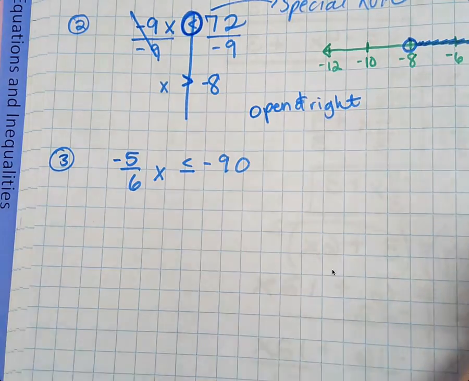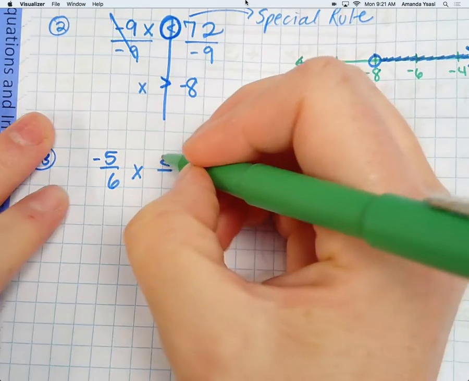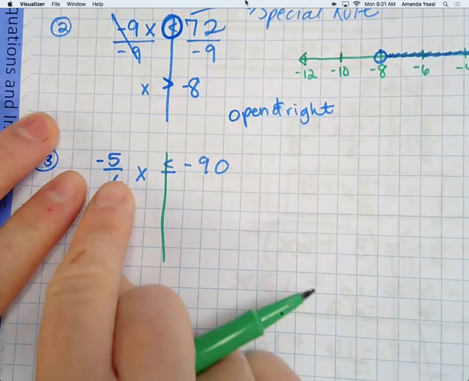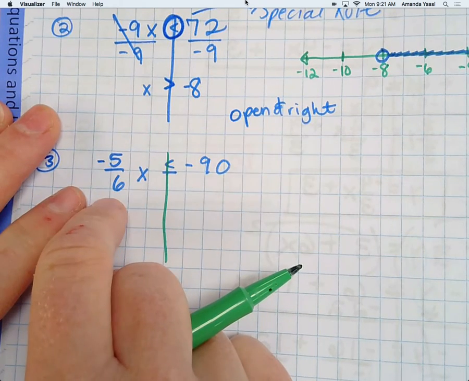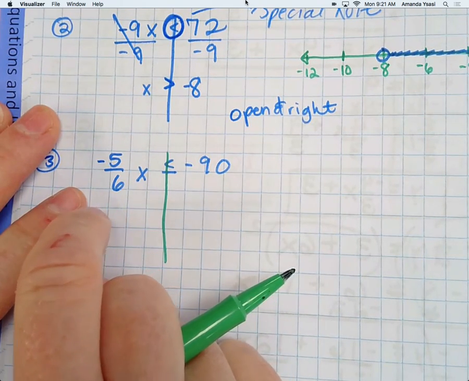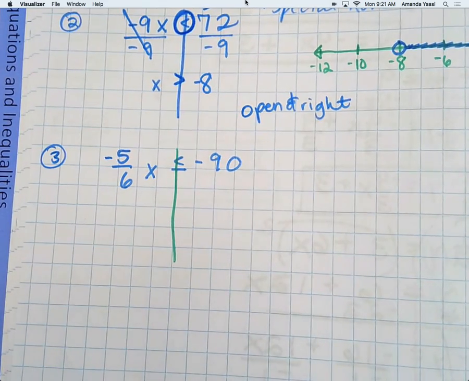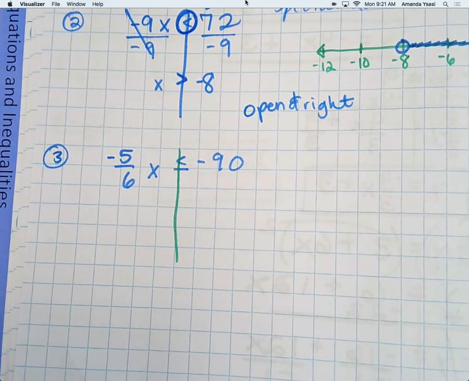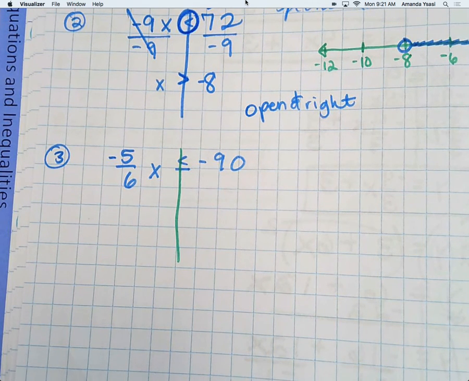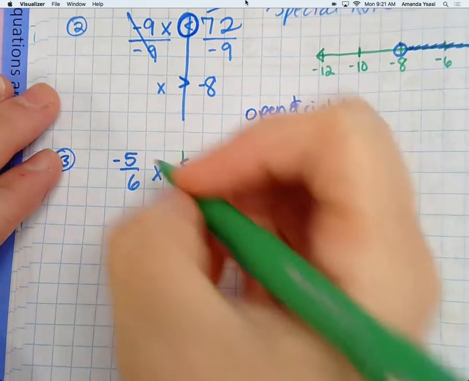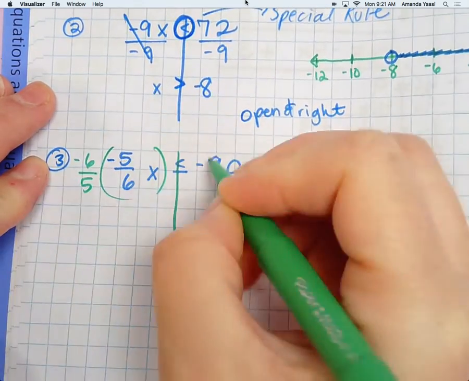Okay, draw your line down your equal sign. We have a fraction here. How do we get rid of a fraction coefficient? Multiply by the denominator. Could we do something else to get rid of the fraction coefficient? What's that? Starts with R. Reciprocal. We're going to multiply both sides by the reciprocal. So -6/5.